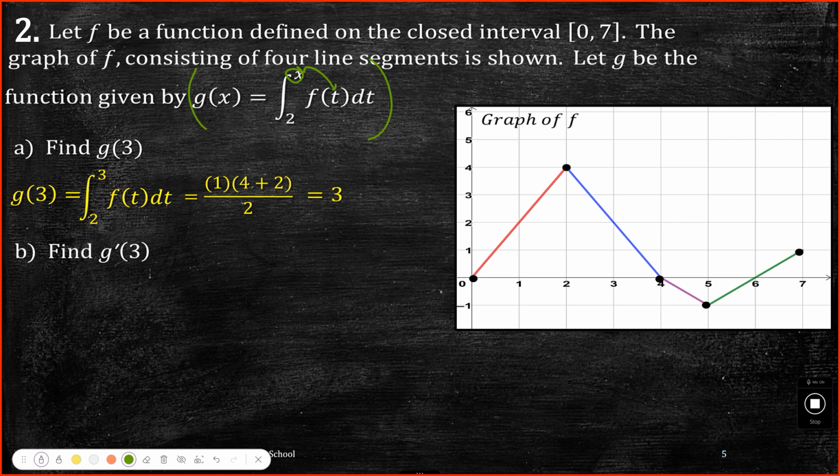Look, G prime of 3 should equal f of 3. G prime of 3 should equal f of 3.